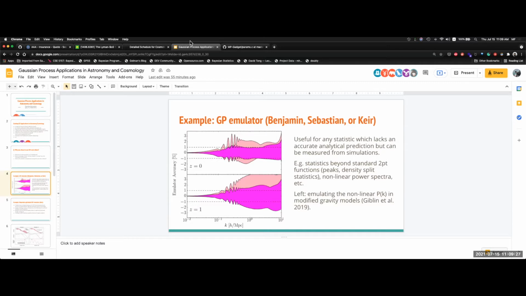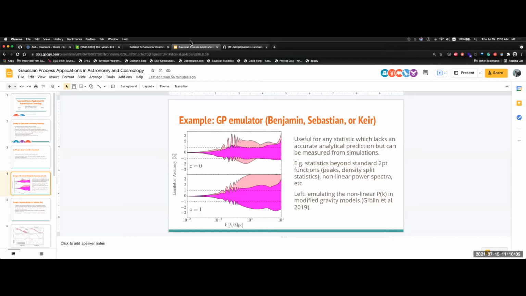So you might want to instead measure that statistic from simulations, and then to generalize that statistic to other cosmologies, you can use an emulator. I'm coming at this from the point of view of someone who regularly measures things from simulations and then wants to know how those things vary as a function of cosmology. And often those statistics go beyond the standard 2-point function. In lensing, we have peak statistics, we have density split statistics.